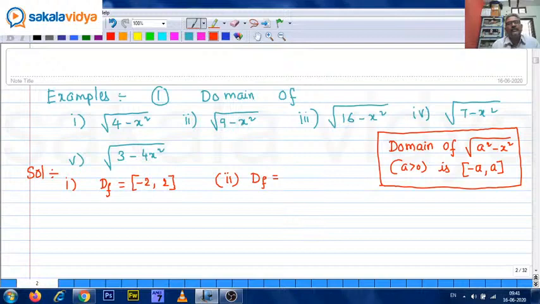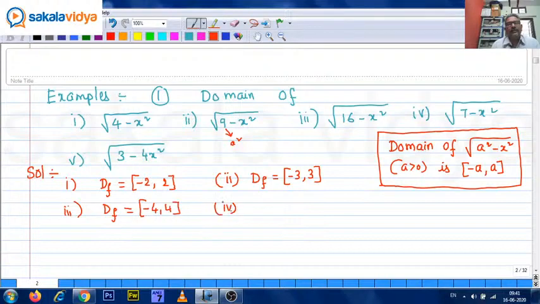Here A square is equal to 3. This will be minus 3 comma 3. Third, domain of F minus 4 comma 4. You check your answers, all of you.